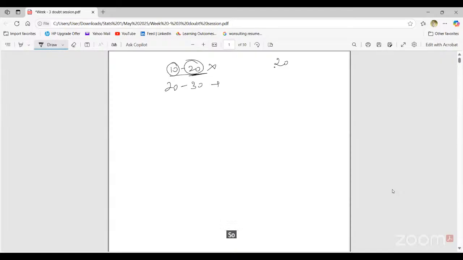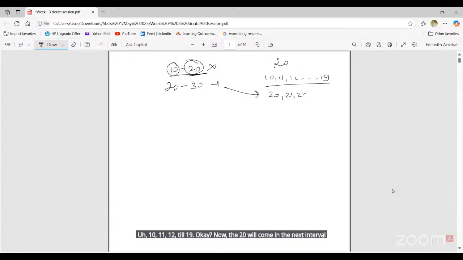So in the 10 to 20 interval, the numbers would be 10, 11, 12 till 19. Now 20 will come in the next interval: 20, 21, 22 till 29.